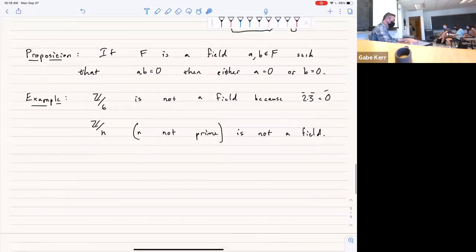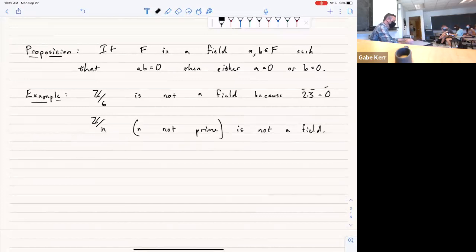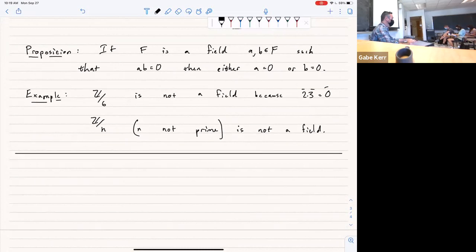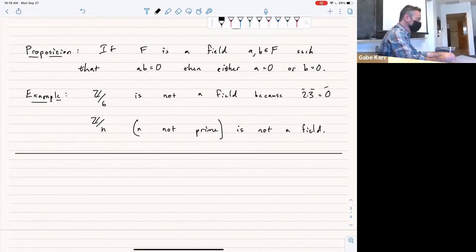Now, in the last minute, I just wanted to mention this. Once you have a field, you can do a lot of the things we've been doing over that field. So we can talk about the general linear group over a finite field. These are very interesting groups.